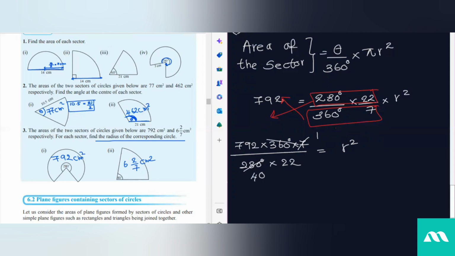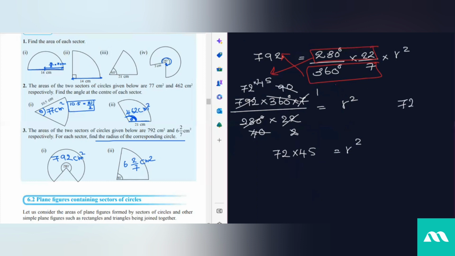Then 360 divided by 40 is 9. 792 divided by 11 is 72. 22 divided by 11 is 2. Then 9 divided by... sorry, 90 divided by 2 is 45. Then if you multiply 72 by 45, let's see what answer we obtain.